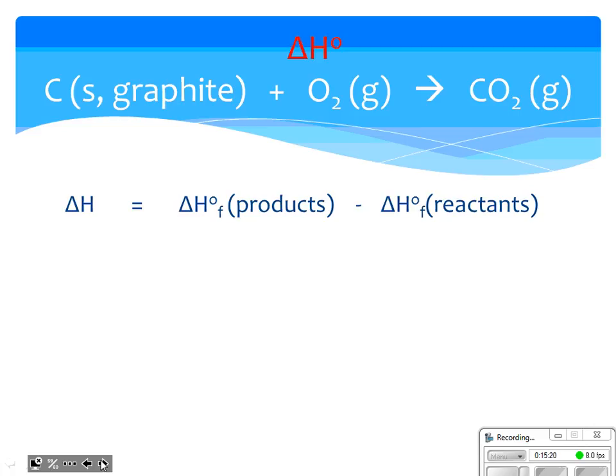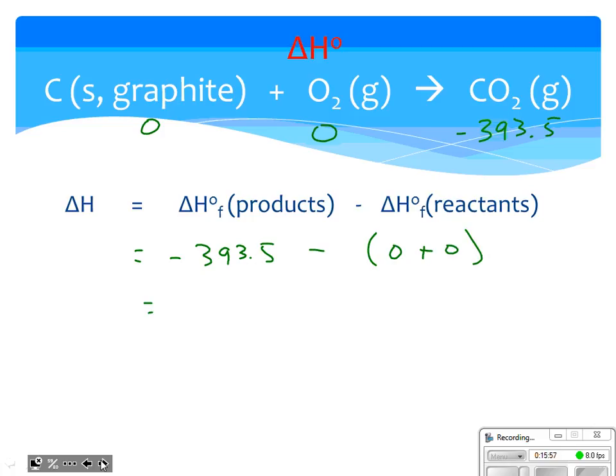So carbon dioxide is a gas. Enthalpy is negative 393.5. Carbon as graphite is 0. Oxygen gas is 0. So when I come down here, I'm going to have negative 393.5 minus 0 plus 0.